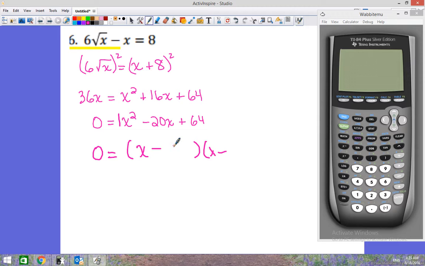And I think that there's 2 factors of 2, and here's 4 factors of 2, and that 4 times 16 is 64. Yeah. So I've got 4 and 16 as possible solutions. Now they could be extraneous. I know there's solutions to this equation. However, I have to double check and see if there's solutions to my original equation.